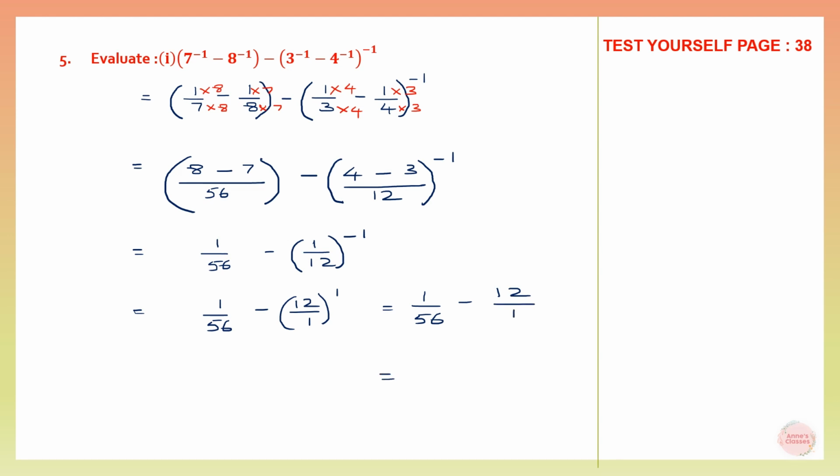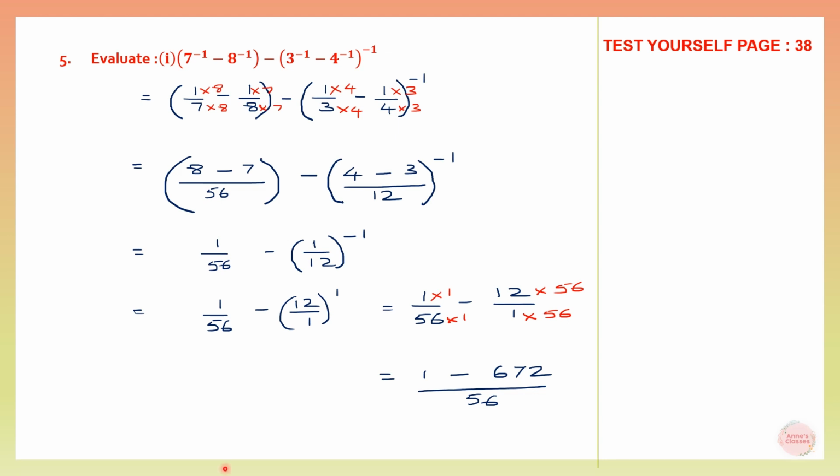Now we have to find the LCM of 56 and 1, which is 56. So the first one is 56 into 1, so this is 1 into 1, which is 1, minus, take the next one, 1 into 56 is 56. That means we have to multiply 12 into 56. 12 into 56 is 672.